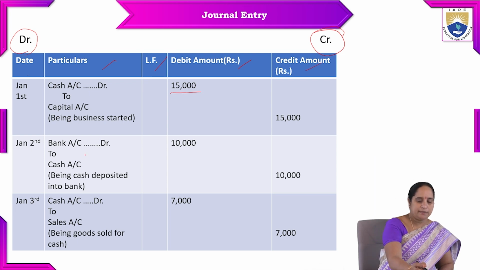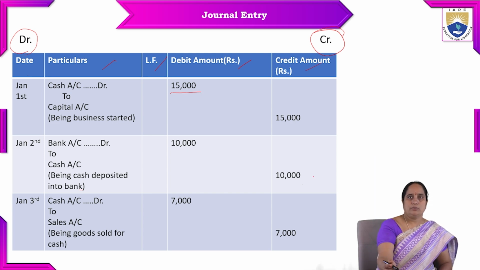Then Jan 2nd, cash deposited into bank. So bank account debtor to cash account, amount 10,000, and on the credit side also 10,000.